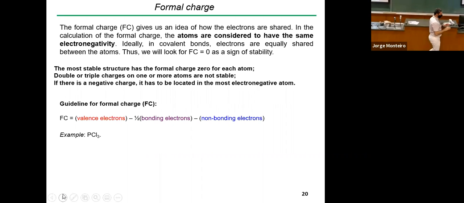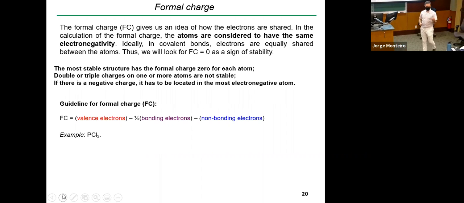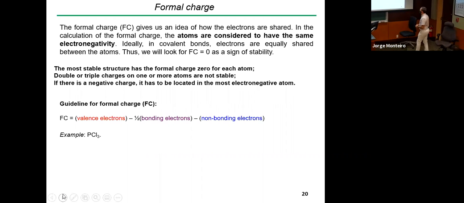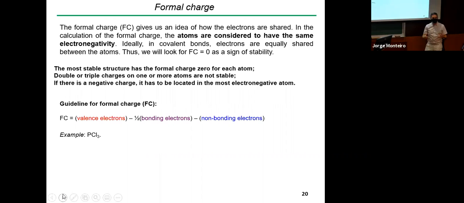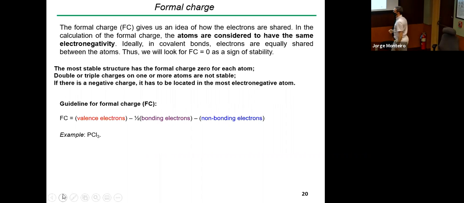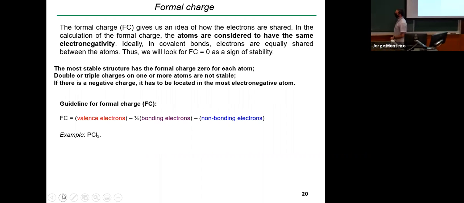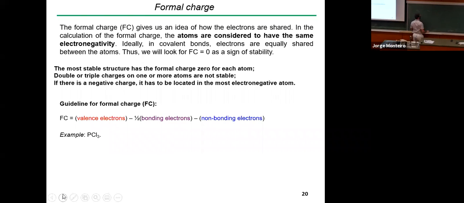So what we are going to do with the formal charge is to determine the formal charge for each atom and, using the rule here, figure out if that structure is stable or not. Okay, so let's start with phosphorus. So formal charge for phosphorus.